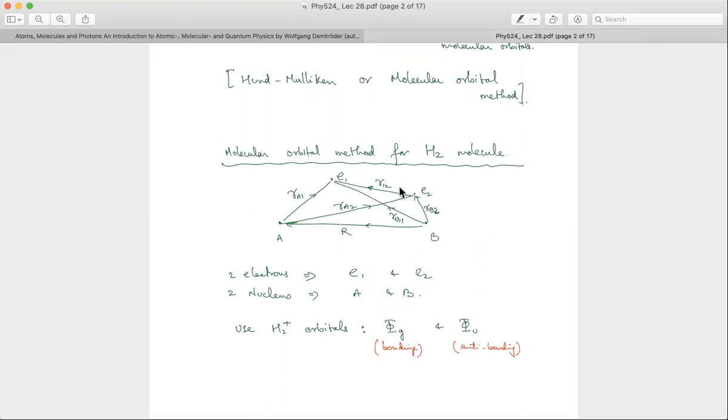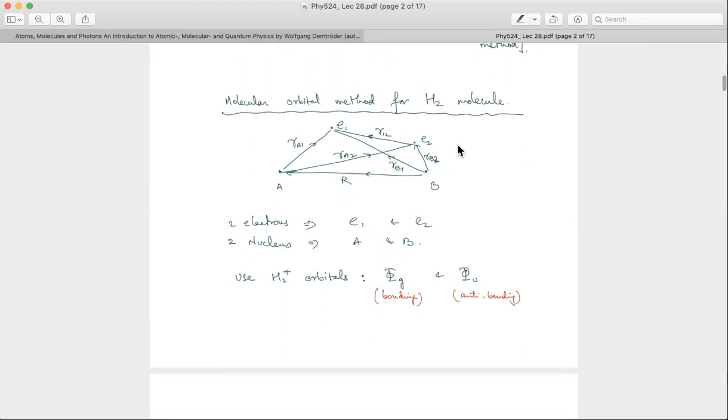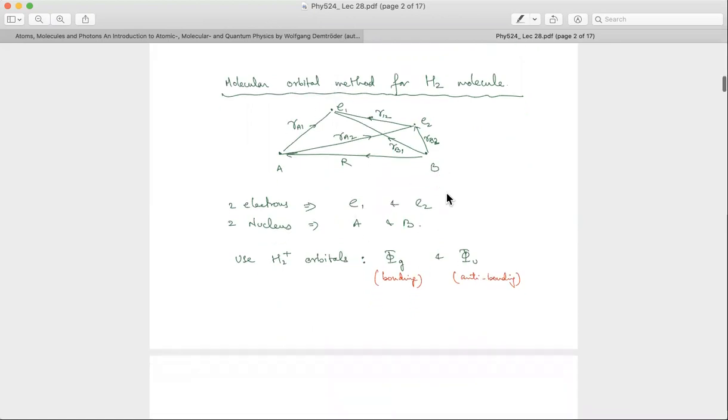The distance between the electrons is labeled as R12, and the distance between the two nuclei A and B is labeled as capital R, basically. So we have a hydrogen molecule, two electrons, 1 and 2, two nuclei A and B, and this is the labeling scheme, basically.